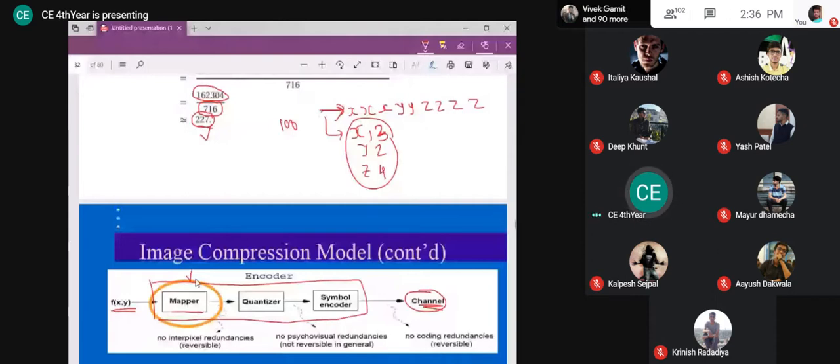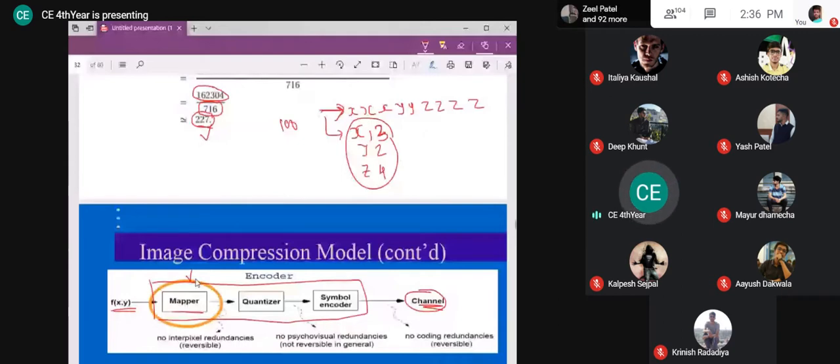The answer is yes. So mapping is always reversible. Whatever mapping you do, you are not losing anything. You are simply representing it in another way that gives compact information. So mapping is reversible all the time, and it is used for spatial and temporal redundancy.